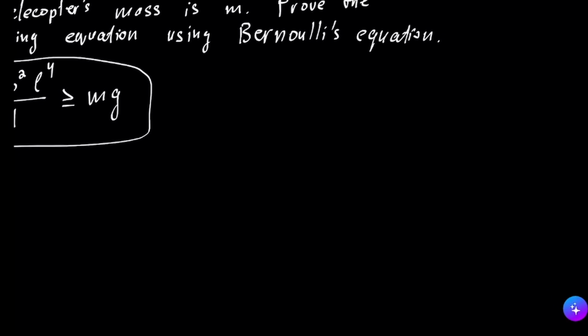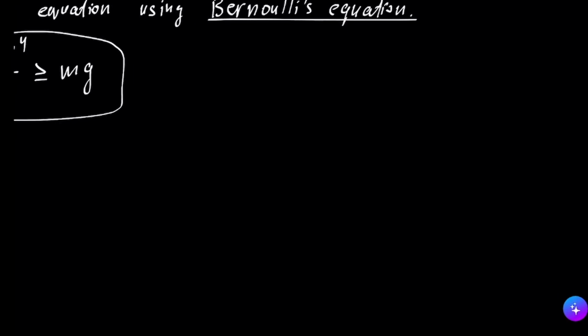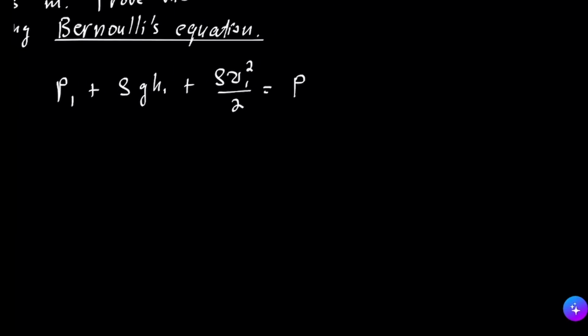So for this problem, we first start with, of course, as stated here, Bernoulli's equation. What is Bernoulli's equation? To refresh your memory, Bernoulli's equation is P1 plus rho g h1 plus rho v1 squared divided by 2 equals P2 plus rho g h2 plus rho v2 squared divided by 2.